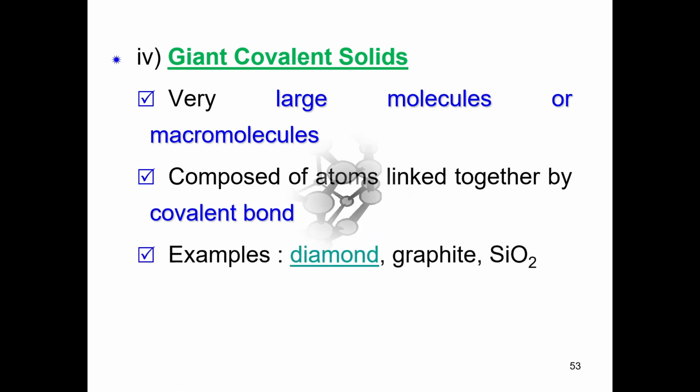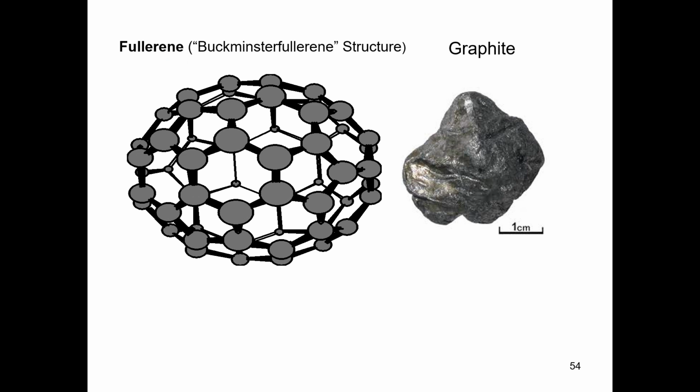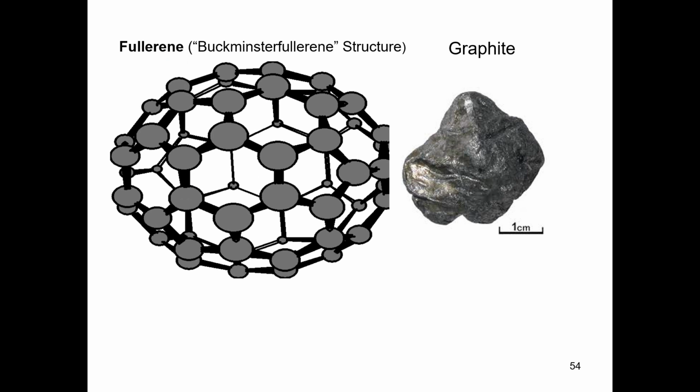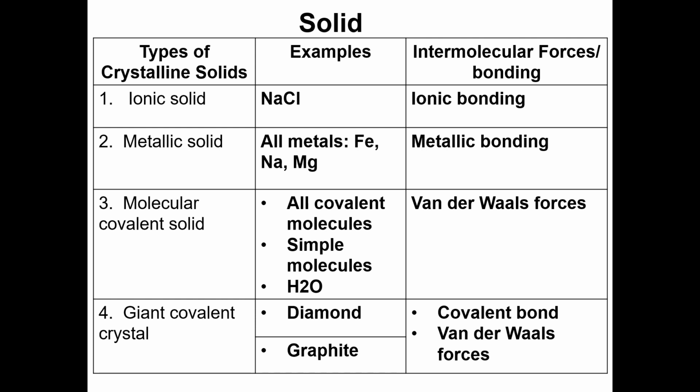For example here, diamond, graphite and SiO2. These all have covalent bonds, but covalent bonds in a very large solid. So this is an example of graphite and fullerene. This summarizes the types of crystalline solid.